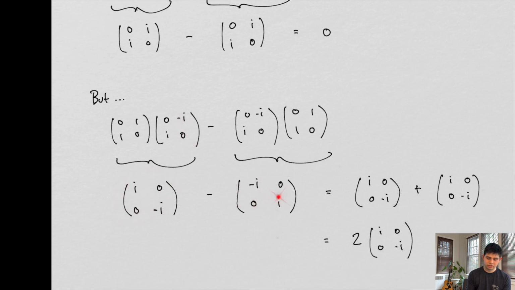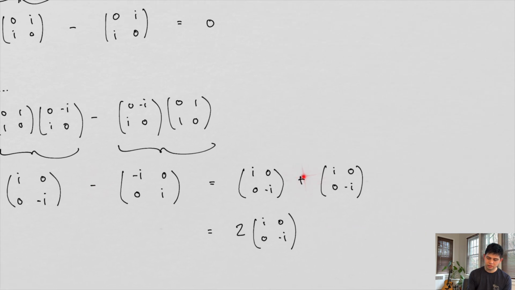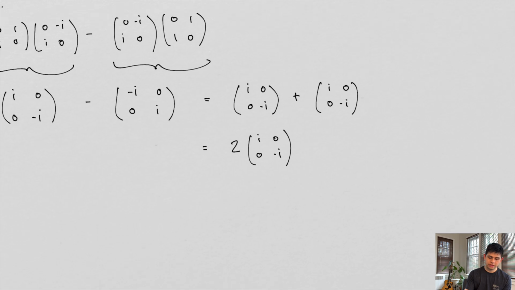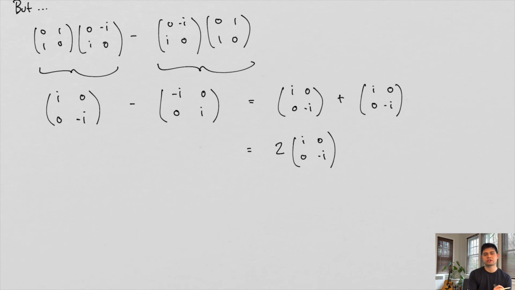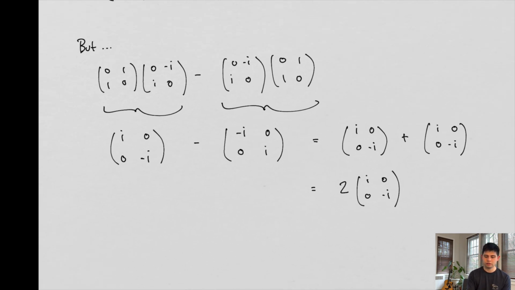So you can double check I did this right. And what should happen is that we take this minus sign out, we get plus. By making this minus, this should also be a minus sign right here, and we get 2 times this guy. So this is telling us that the commutation relationship is not necessarily 0 for other types of matrices, and that was really the point I was trying to make in there.